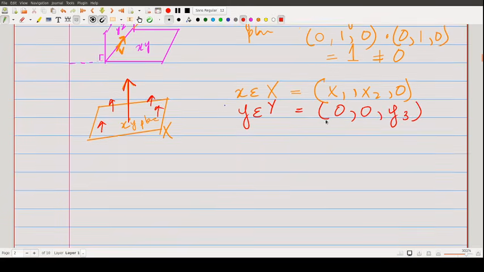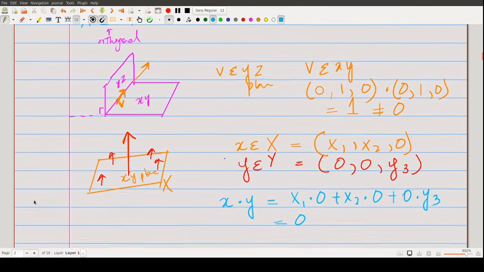Now if you take the dot product of any two such vectors, x dot y is going to be equal to x1 times 0 plus x2 times 0 plus 0 times y3, and so for any two vectors in these two subspaces, you have the result 0.